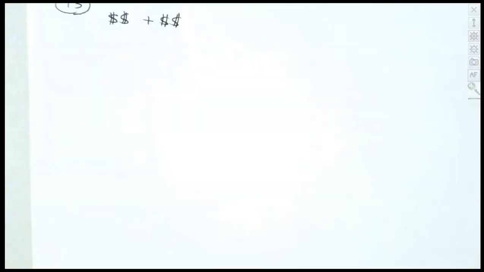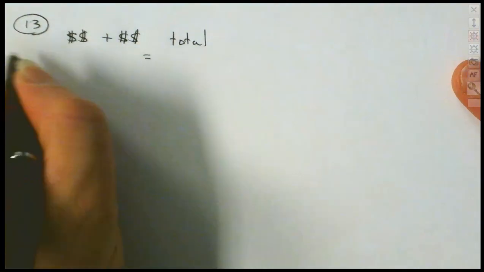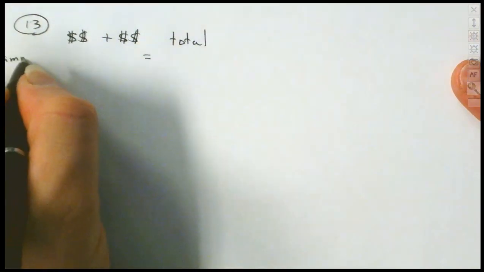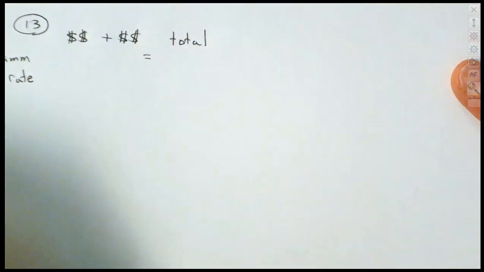So let's see what we've got here. We're going to use dollars to represent the two accounts. And they're going to be added together to give us a total over here. So starting off, Helen's got $13,000, and she's going to put this in an account that pays 3%.